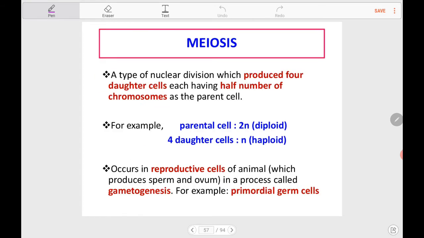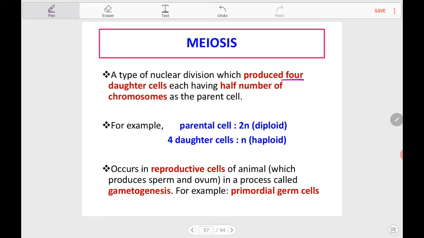So first, what is meiosis? Meiosis is a type of nuclear division which produces 4 daughter cells. The first thing that you have to be able to notice is meiosis will produce 4 daughter cells instead of 2 daughter cells in mitosis.